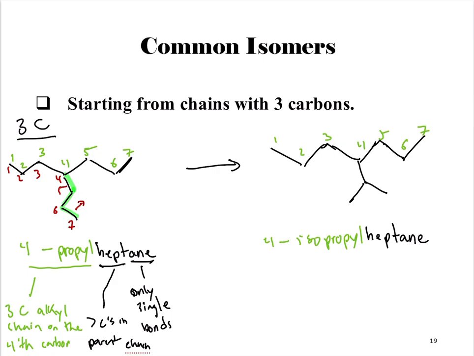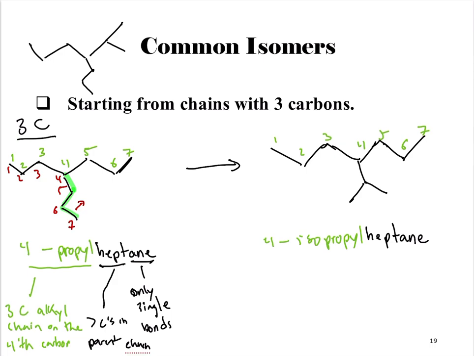So if it was 1, 2, 3, 4, and then 1, 2, 3, I could move this last group over, and then I could make that molecule, and it would give you the same thing if I made the isomer there. Really, if I drew this better, it would be the exact same.